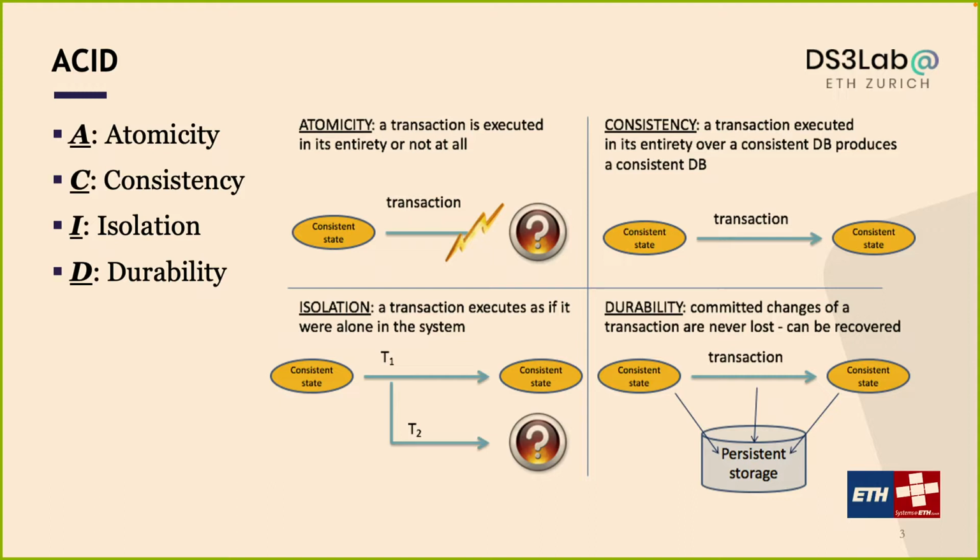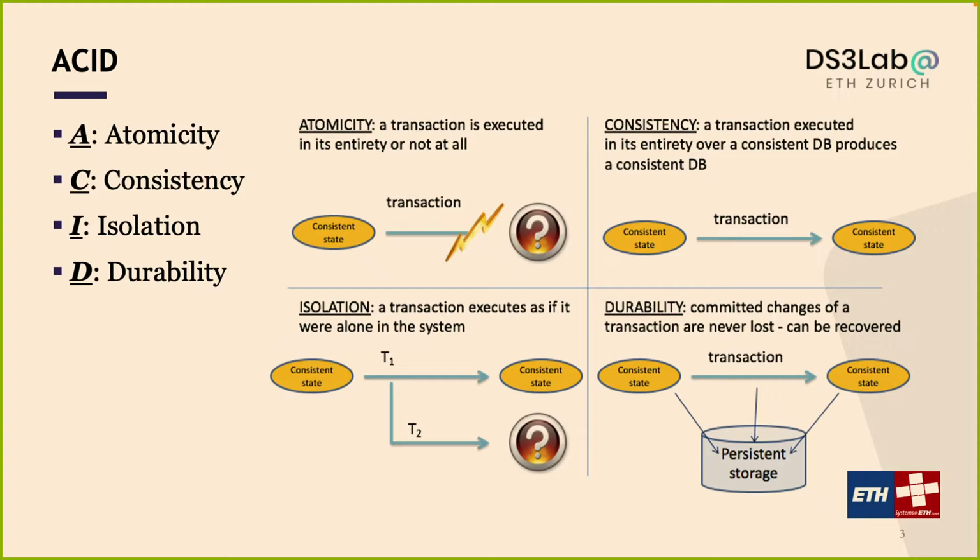The second property is called consistency, which means that a transaction is going to transform the database from a consistent state, precisely a state where all the integrity constraints are respected, into another consistent state.